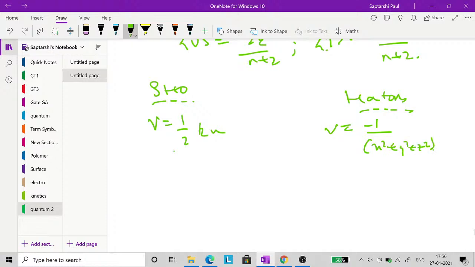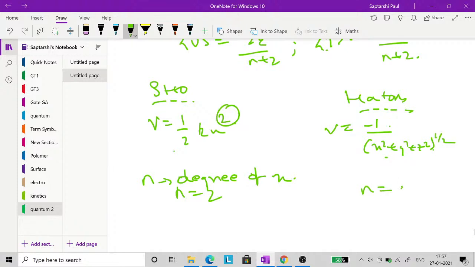The homogeneity N is the degree of x or r. For the SHO, N equals 2, and for the hydrogen atom, N equals minus 1, because the potential goes as r to the power minus 1.